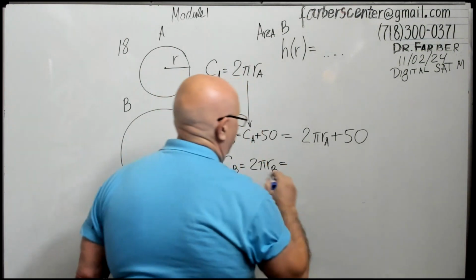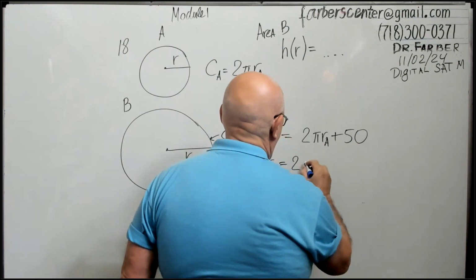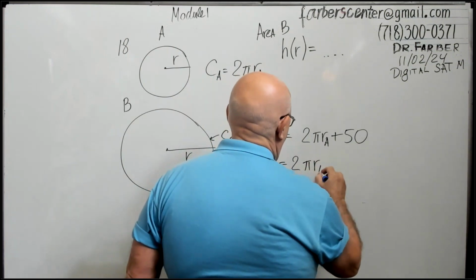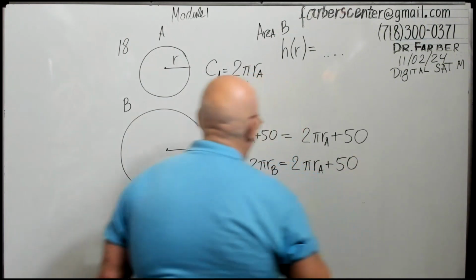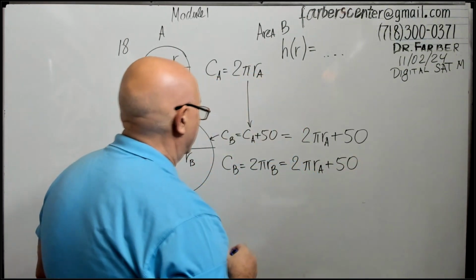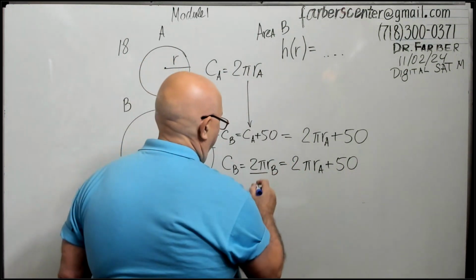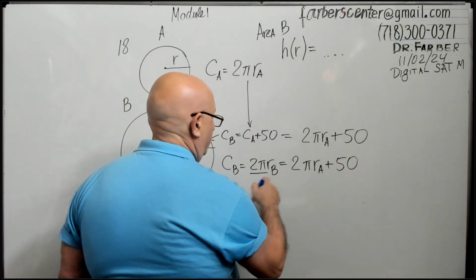And this equals 2 pi RA plus 50. From here, I can easily find RB in terms of RA.